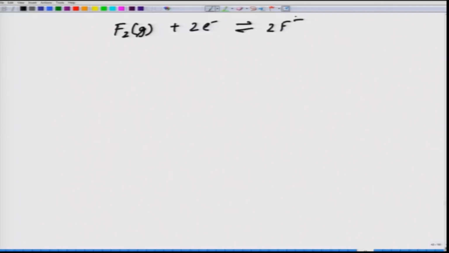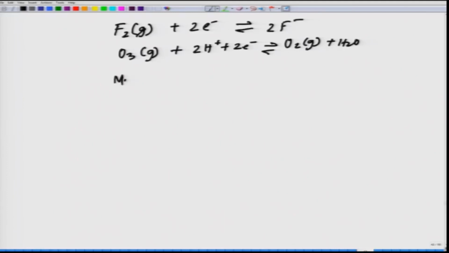I'm just putting all the different ones: O3, which is ozone, gaseous state, plus 2H plus and 2 electrons, making it O2 gas plus H2O. Similarly, MnO4 minus plus 8 protons plus 5 electrons. These are the different compounds.